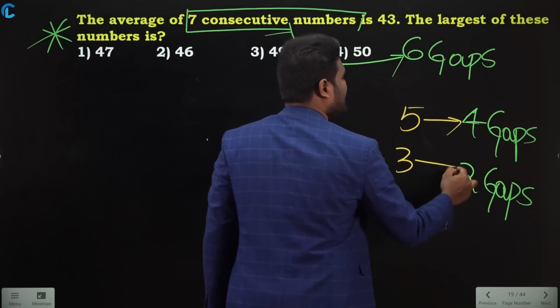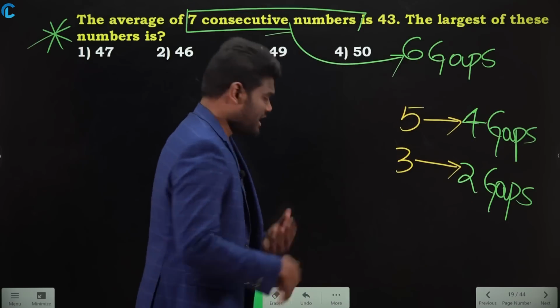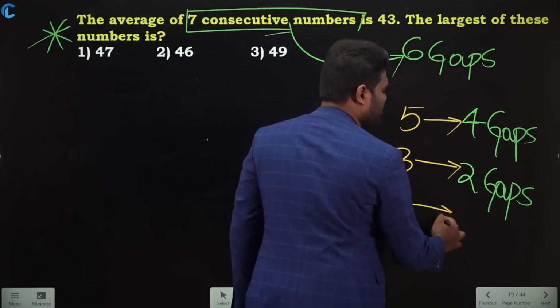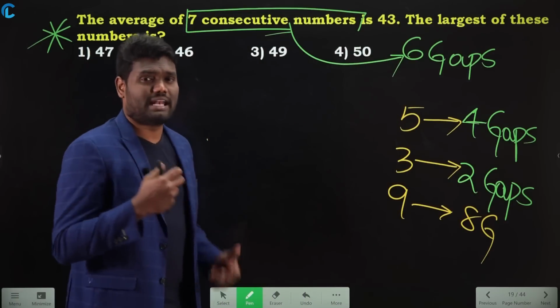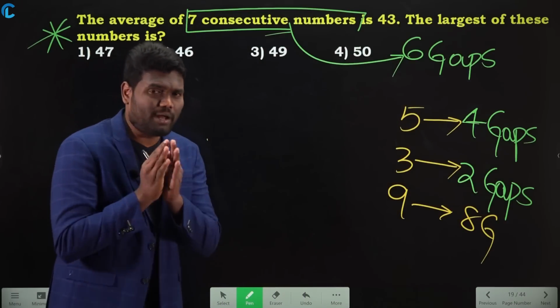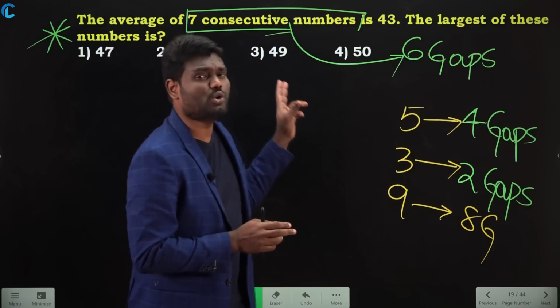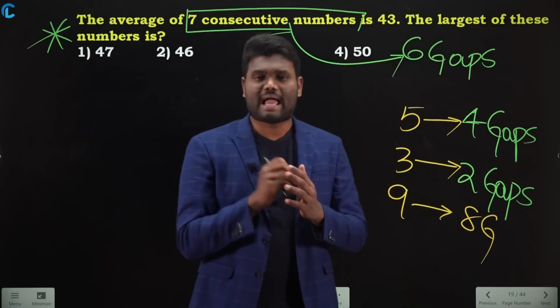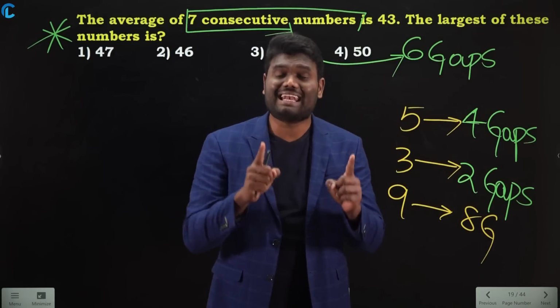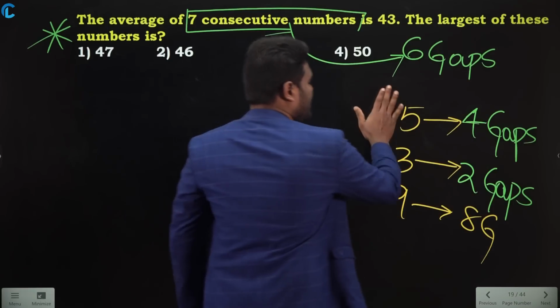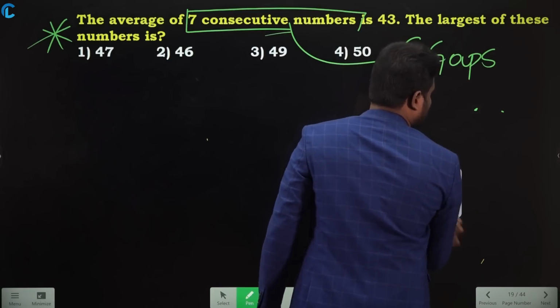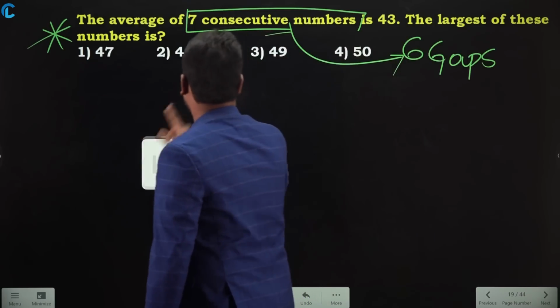If you have 3 numbers, 2. If you have 9 numbers, 8. If you have 13 numbers, 12. This point is really important. If you know this concept, then you can solve all the questions related in this way.